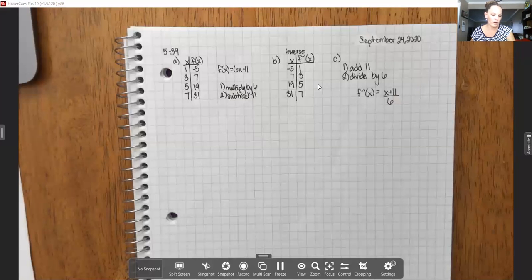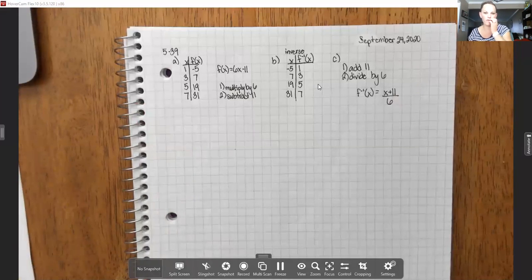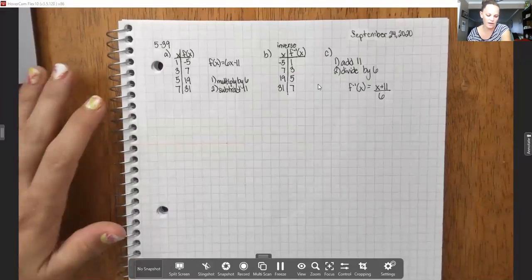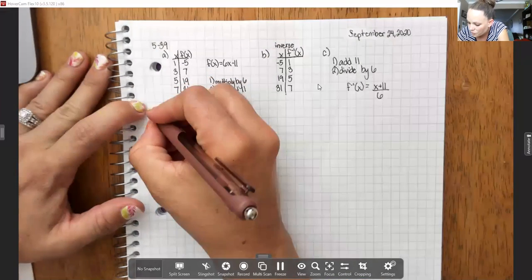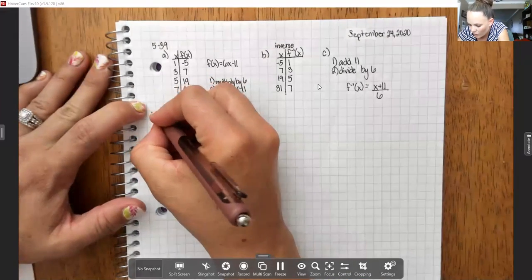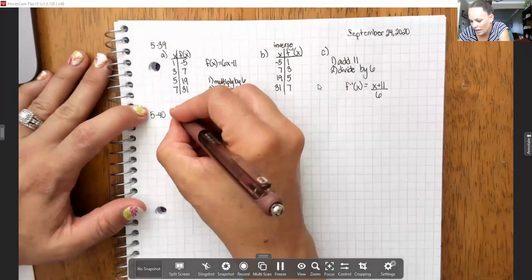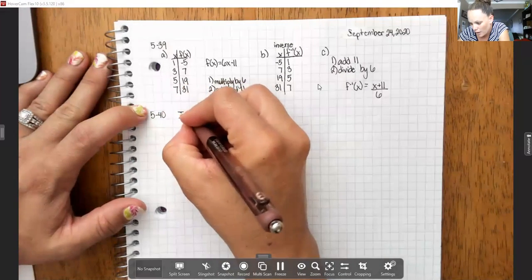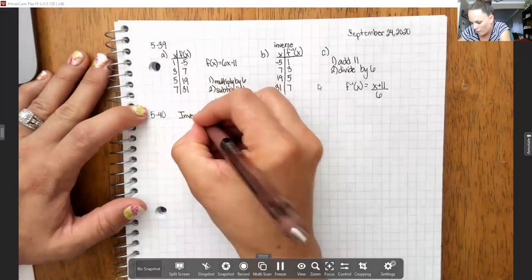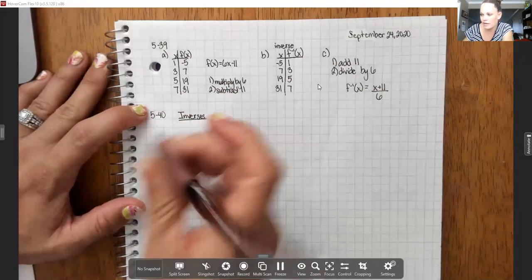Okay, so we're going to do problems 40 and 41 as notes here, I think, rather than taking notes separately at the end. We'll just use these as our examples here.